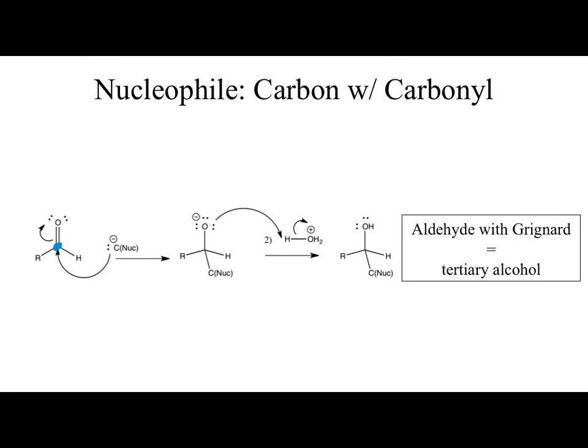Once the reaction stalls, we add our second reagent, which ends up being our H3O+ again. We protonate the oxygen, and we end up now with, again, an alcohol. Except what's different about this alcohol? We now have a secondary alcohol. Okay?